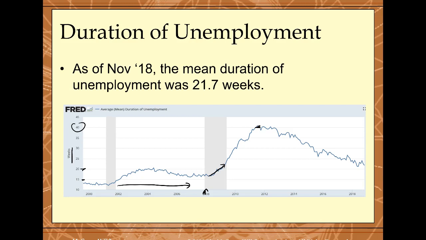And even though the recession ended here in December 2009, people start to find work faster, but the fall in the average time it takes somebody to find work took a long time. Now it's currently at 21.7 weeks. Still not what it was in the 2000s, right?